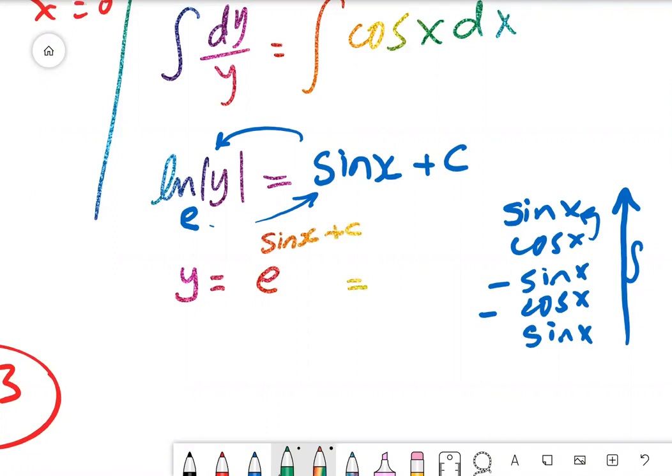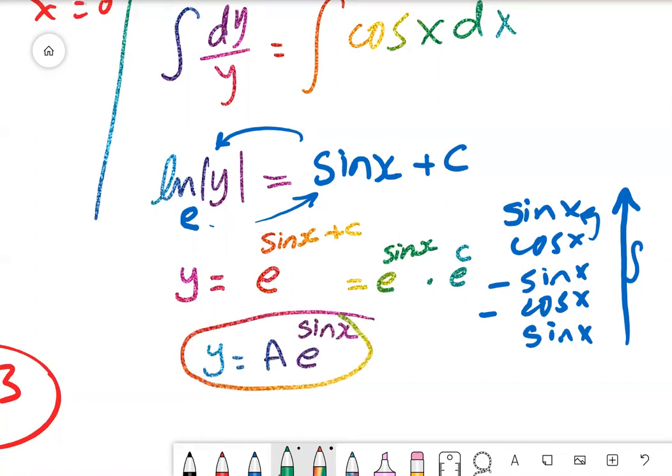This means e to the power sine x multiplied by e to the power c, and e to the power c we can call a constant, letter a. So y equals a e to the power sine x. This is the general form. This is the general one.